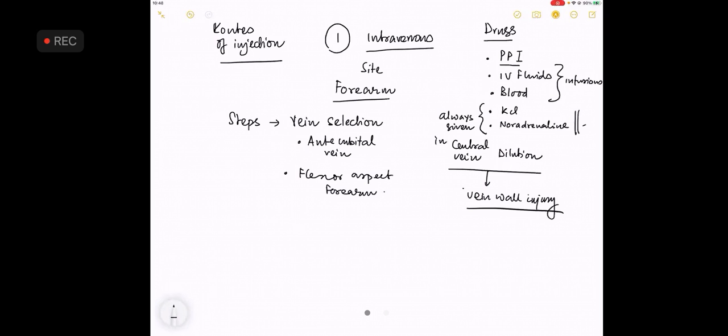The next of the steps includes: step number 1, vein selection. Step number 2 is to make the vein prominent by application of a tourniquet.